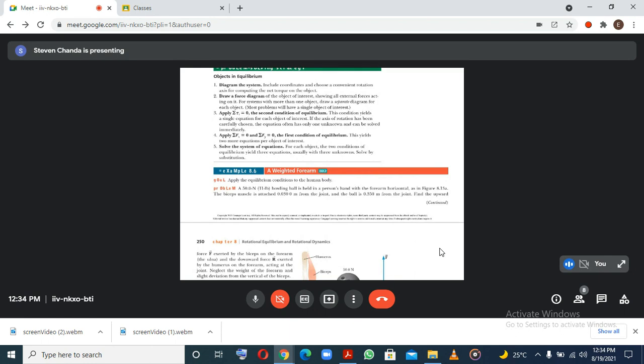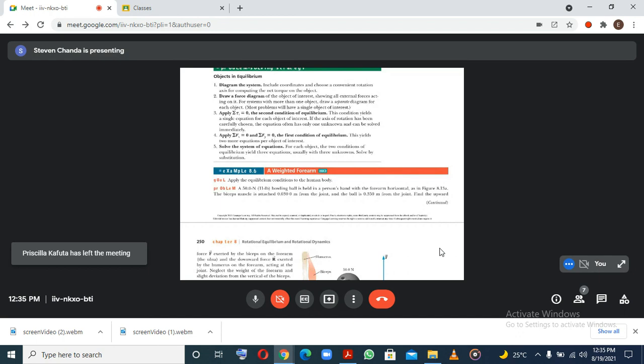That's why, from the time we started, I've always been emphasizing: read the question entirely. No matter how easy the question seems, read the question entirely. You are going to miss a lot of things when you just leave it there, because it's telling us something interesting. Again, it says ignore the slight deviation from the vertical of the biceps.